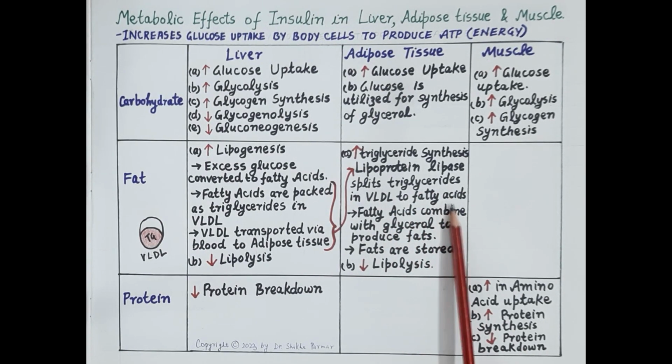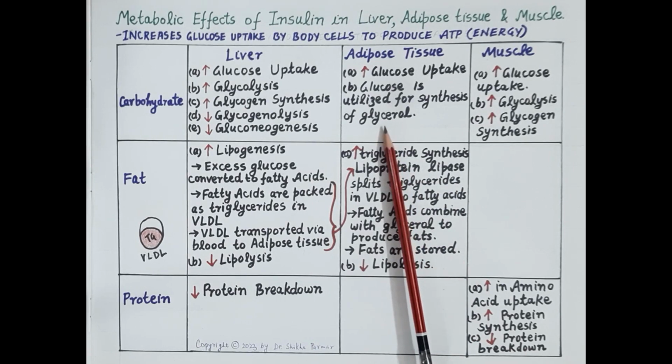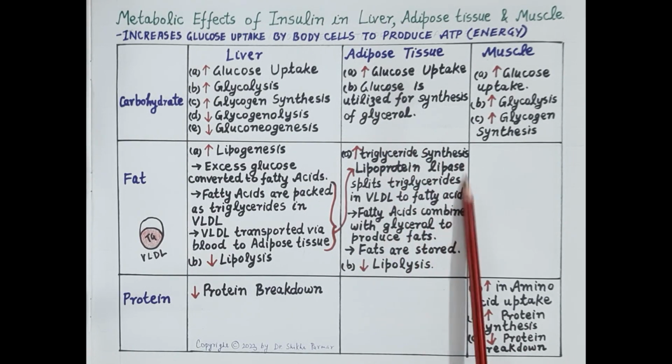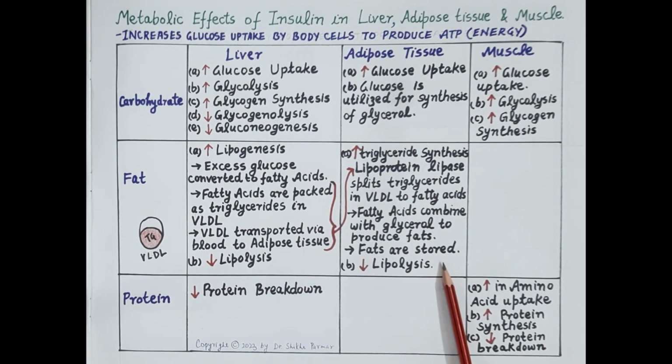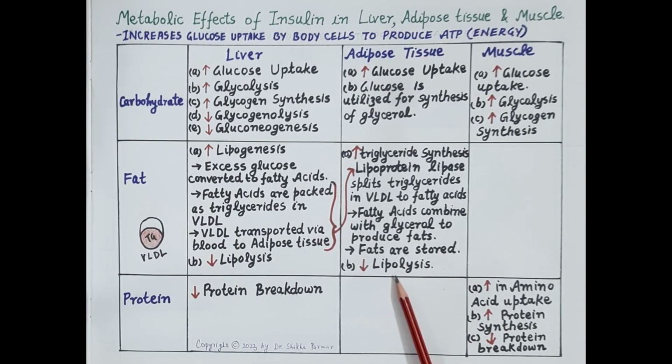Now, these fatty acids combine with the glycerol and produce the fat. Now, this fat is stored in the adipose tissue. So, insulin causes increased fat synthesis and storage of fats in the adipose tissue. Insulin also inhibits process of lipolysis and thus it prevents breakdown of fats.